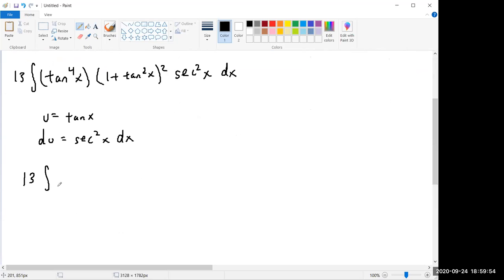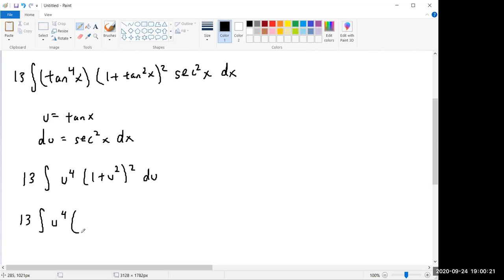So we have 13 times the integral of u to the 4th times (1 plus u squared) squared du. I think I remember how to expand this.